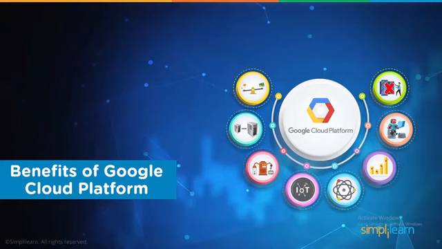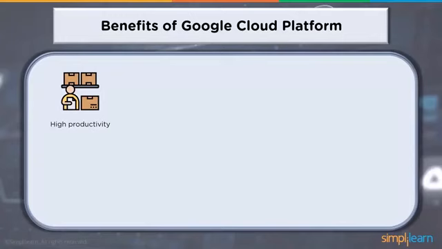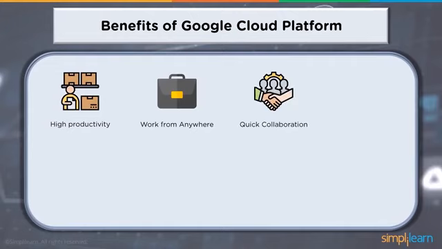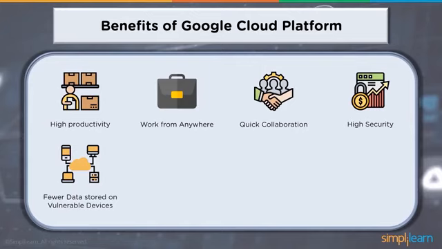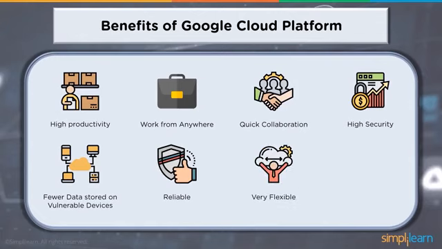Let's learn about the benefits of Google Cloud Platform, such as high productivity, working from anywhere, quick collaboration, high security, fewer data stored on vulnerable devices, reliable resources which can be used across the organization, across geographical regions, across countries, and very flexible, which allows organizations to scale up and down as the demand rises or declines, and cost-effective solutions for various use cases.